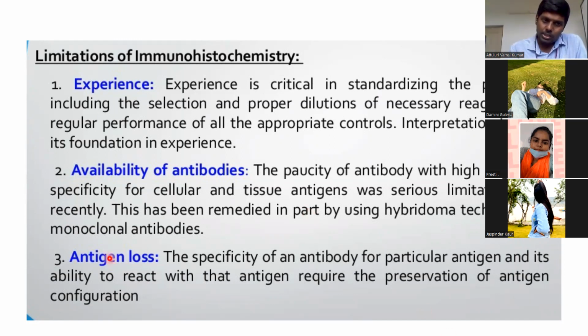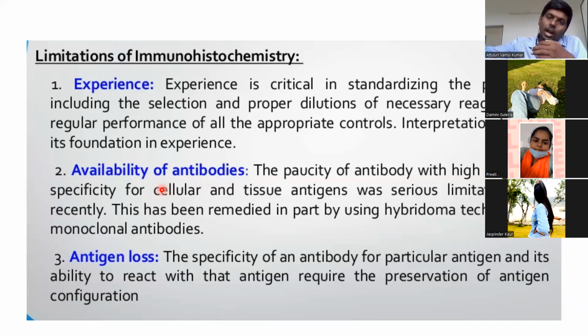Then there is possible antigen loss in immunohistochemistry. There is a high chance of antigen loss. Either enzymes can destroy the antigens, or heating processes can destroy the antigens. And the third one is availability of antibodies. Say I have discovered a new protein and I want antibodies specific to that protein. But those antibodies need to be prepared by the industry, right?